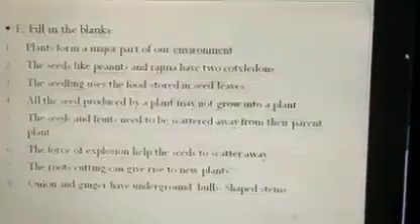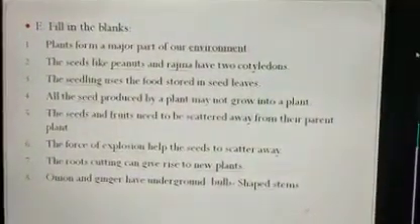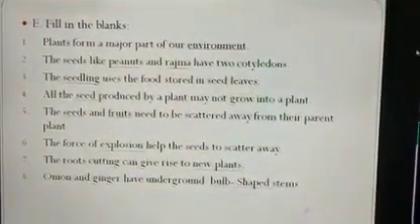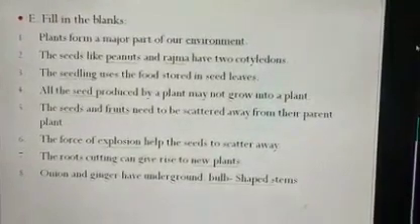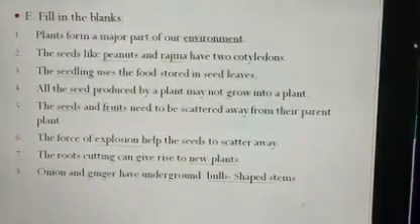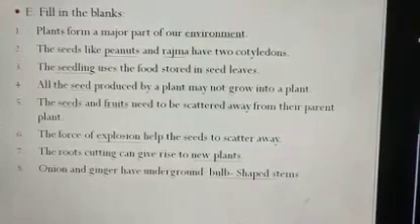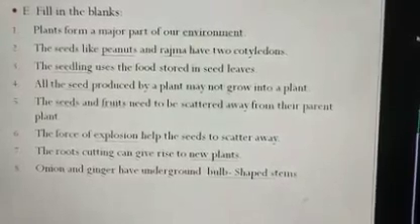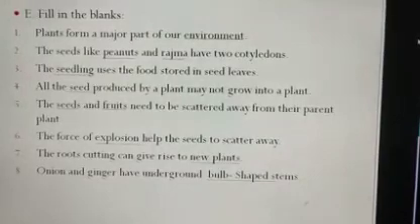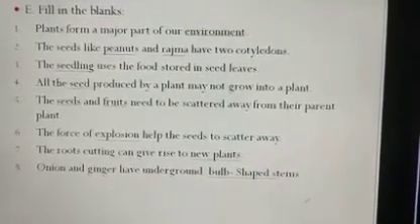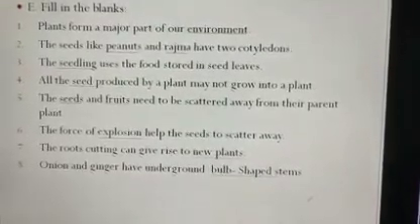Now move to the last one, that is fill in the blanks. 1. Plants form a major part of our environment. 2. Seeds like peanut and rajma have 2 cotyledons. 3. The seedling uses the food stored in the seed leaves. 4. The seeds produced by a plant may not grow into a plant. 5.